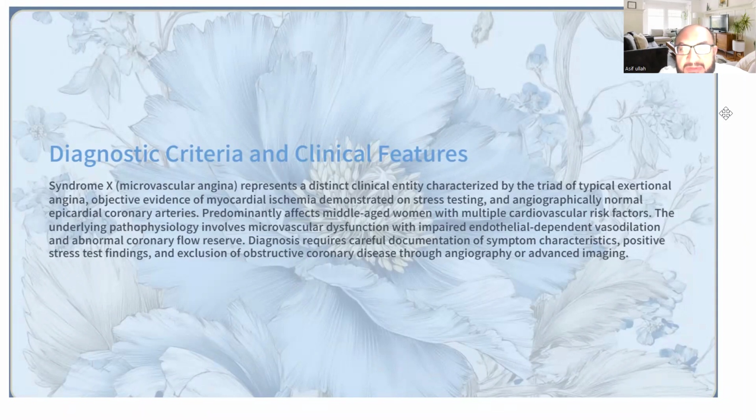Pathophysiology is microvascular dysfunction with impaired endothelial dependent vasodilation and abnormal coronary flow reserve. Diagnosis requires careful documentation of symptom characteristics, positive stress test findings, and exclusion of coronary obstruction through angiography or advanced imaging techniques.